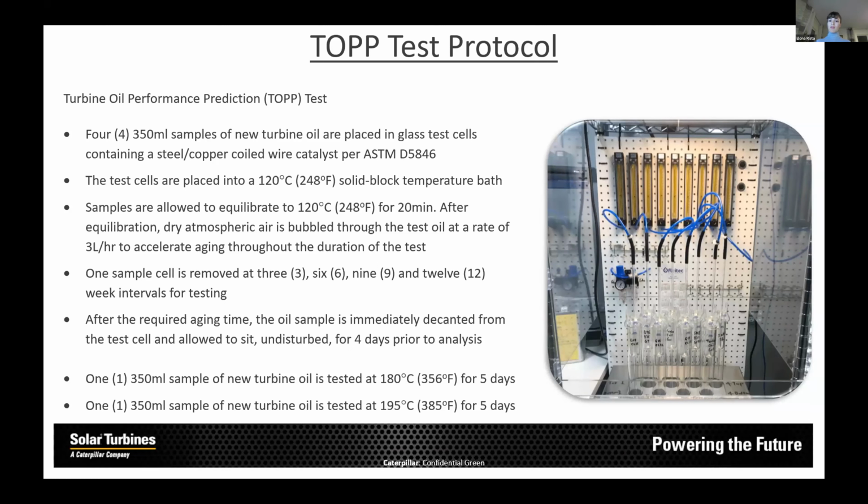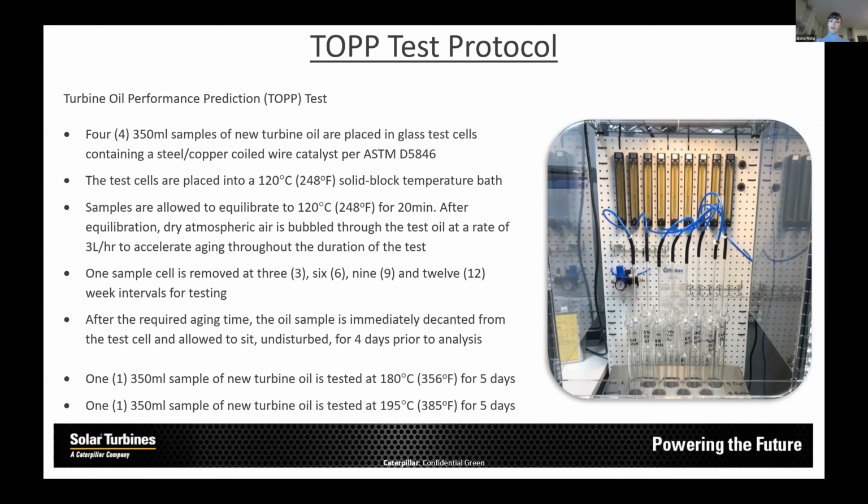For the past 3 years or so, we have been rapidly aging a whole slew of different turbine oils under controlled laboratory conditions, and looking at the outcomes of that degradation as well. So a quick few words on what the protocol of the test is before we move on to seeing some of the results.